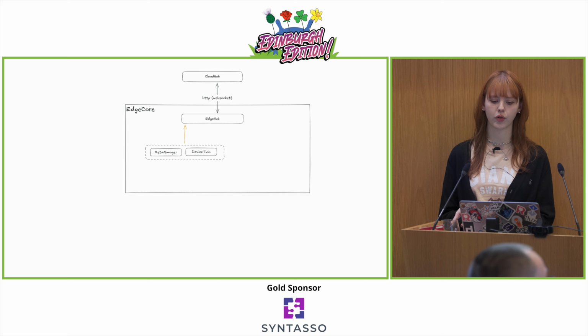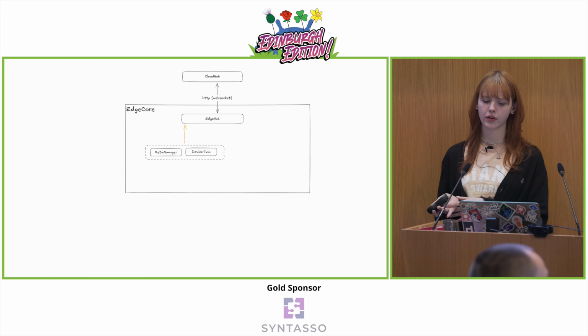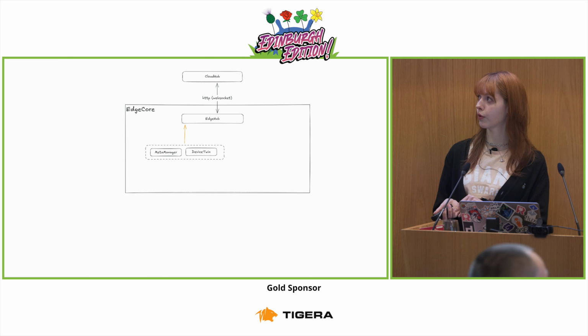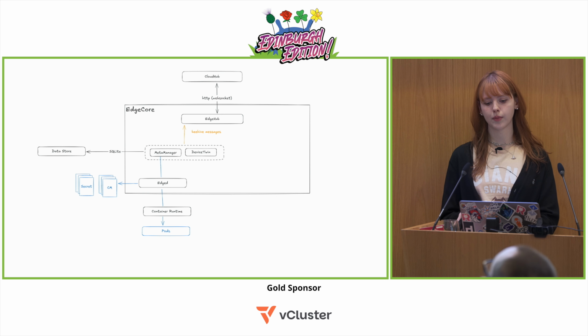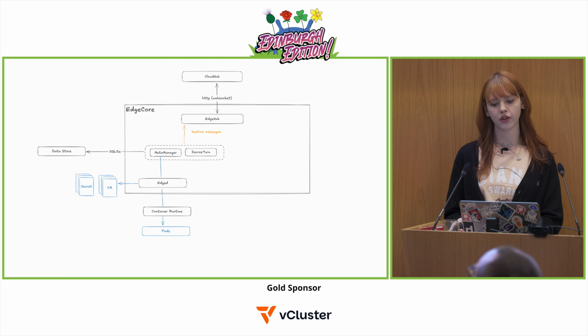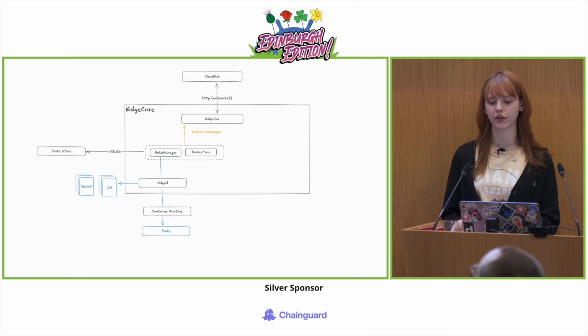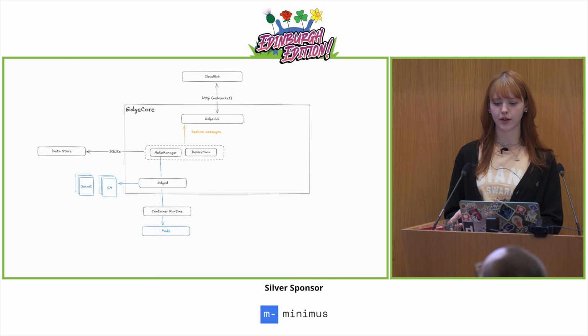also within the Edge core. There are two important modules that you can see here as well, which both work with the local state. The first one is the Meta Manager, which is a cache and message processor. This means that it will store data like pod state, config map contents, and so on in this local database, which is a SQLite database.